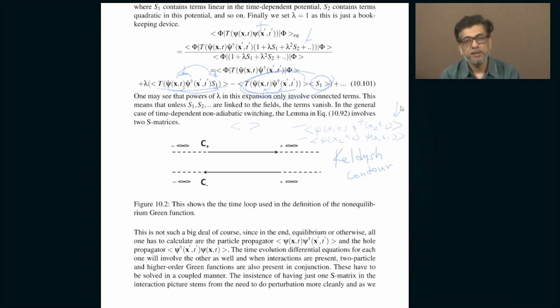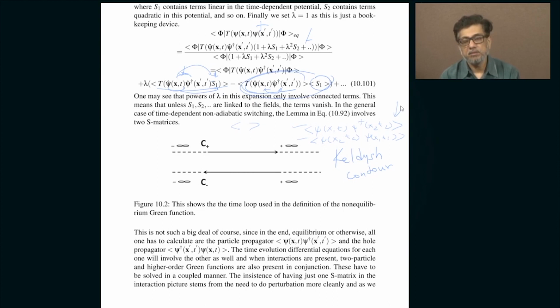So, the equation of motion for the one particle Green's function will involve the two particle Green's function, and the equation of motion for the two particle Green's function will involve the three particle Green's function, and so on and so forth, endlessly, and that is of course not convenient.